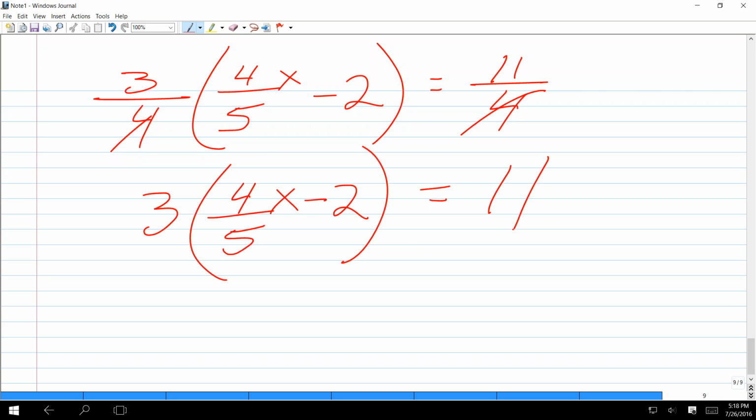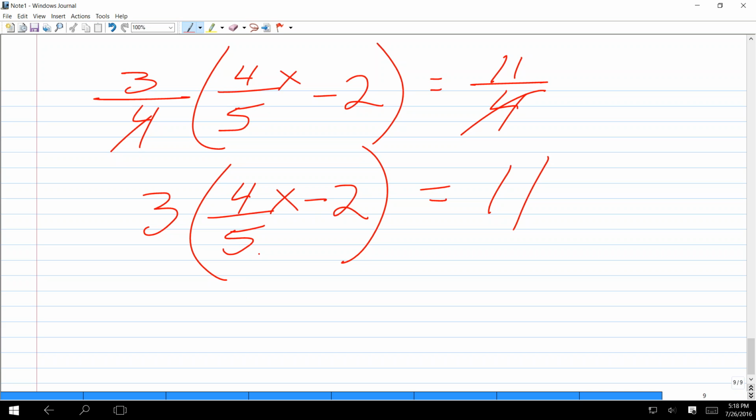Now get rid of the parentheses. Before I can get rid of the denominator of the 4/5, I have to do this distribution.